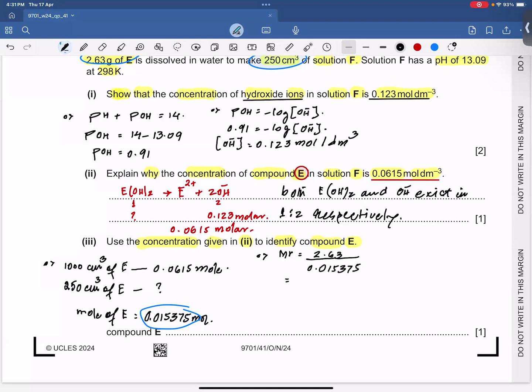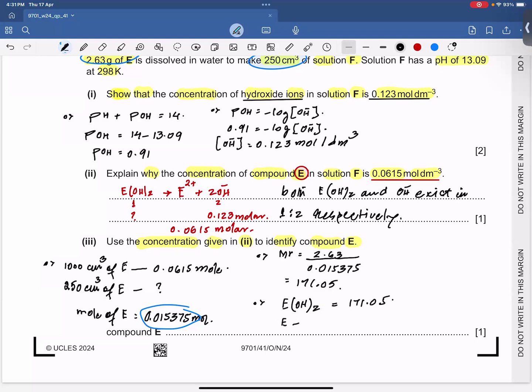So the MR would be 2.63 divided by answer. So MR is 171.05.